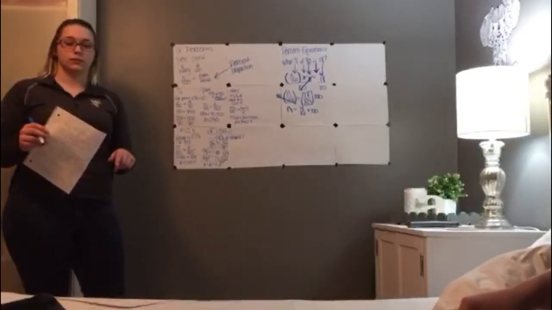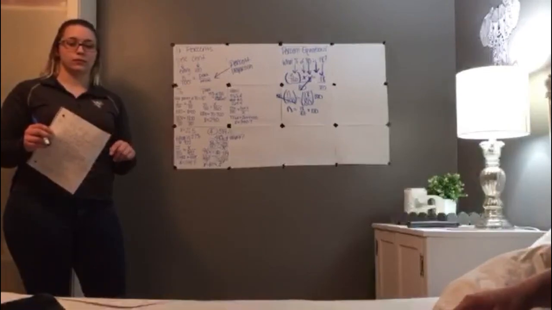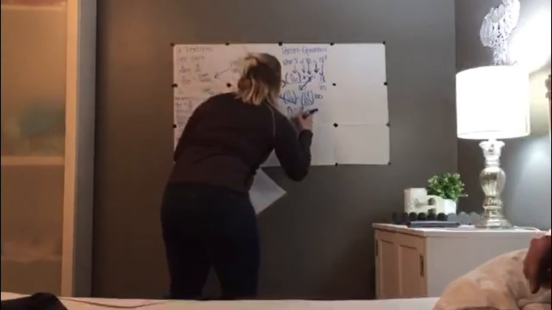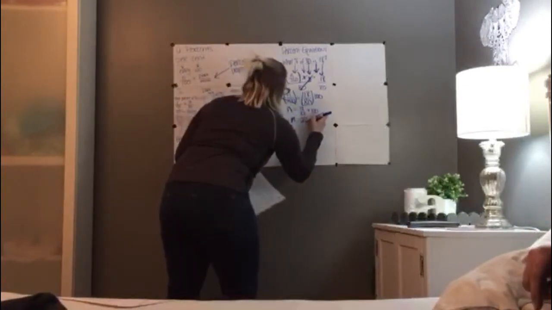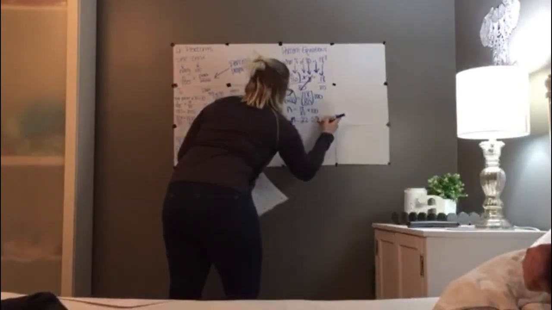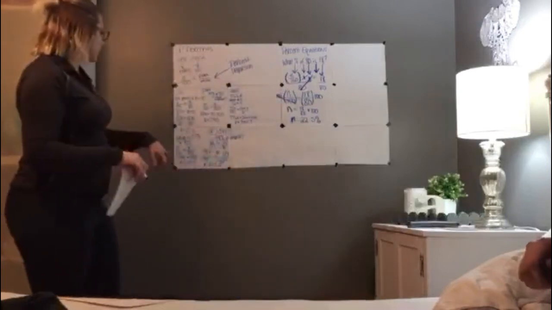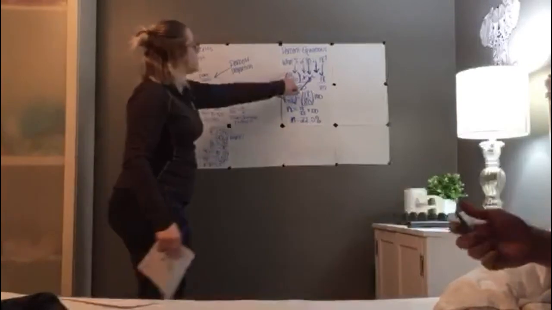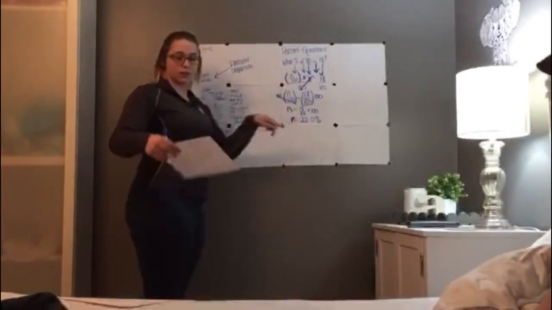Okay. 22.5%. You can see how over here we would do the cross multiplication. Over here, we're just setting up an equation.